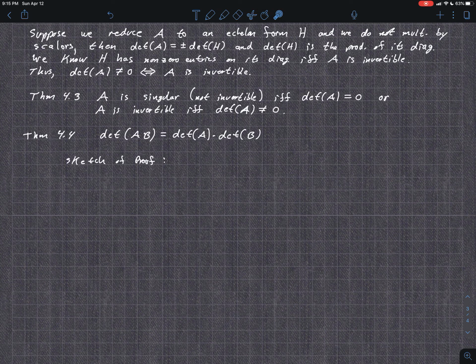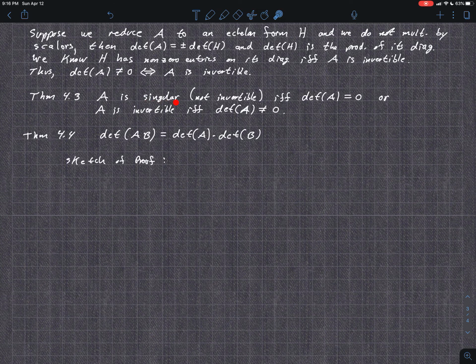We also know that H has all non-zero entries on its diagonal if and only if A is invertible. You don't get a pivot to zero out. If you get a pivot to zero out, then it's not invertible, and vice versa. So that brings us to this: the determinant of A is non-zero if and only if A is invertible.